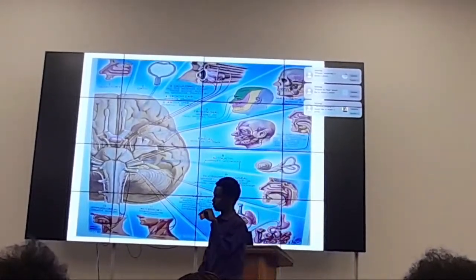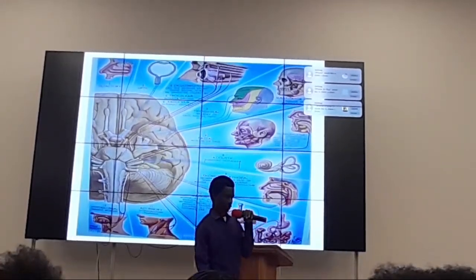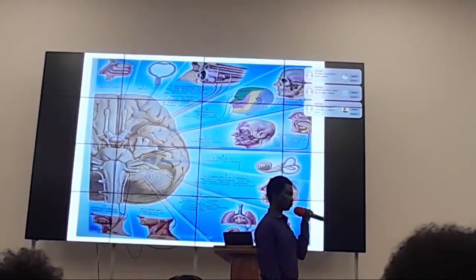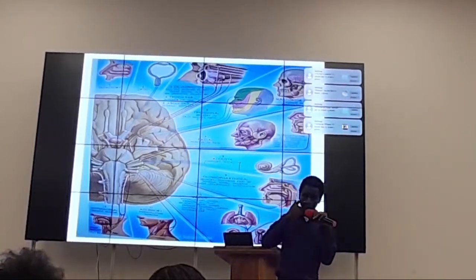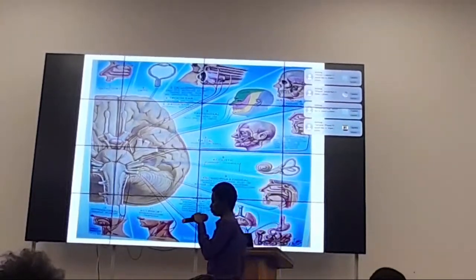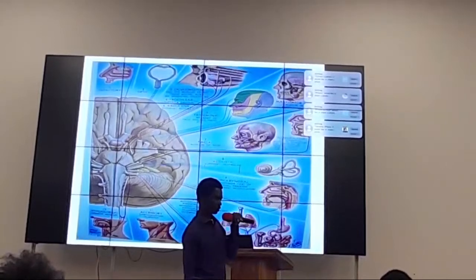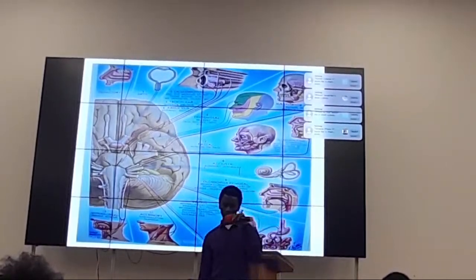The next one is fifth, trigeminal nerve. The trigeminal nerve, as the name suggests, has 3 divisions: ophthalmic, maxillary, and mandibular nerves.